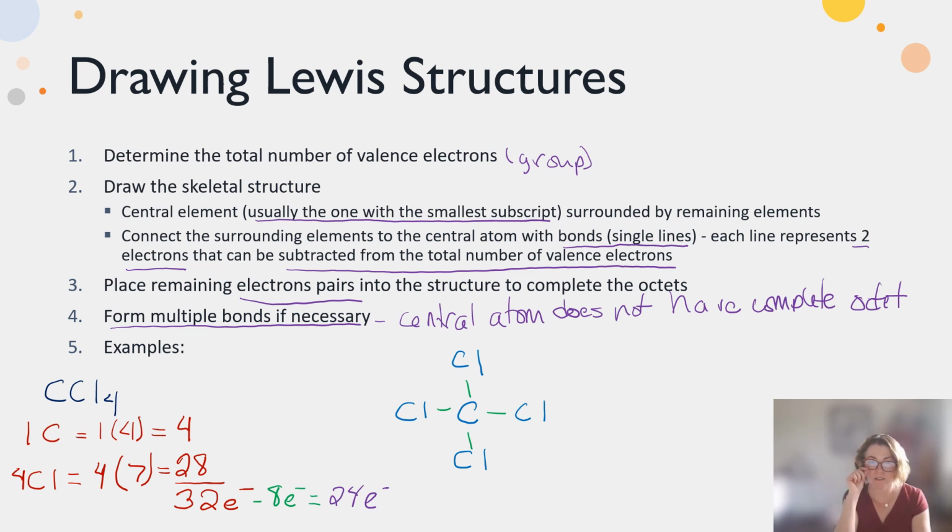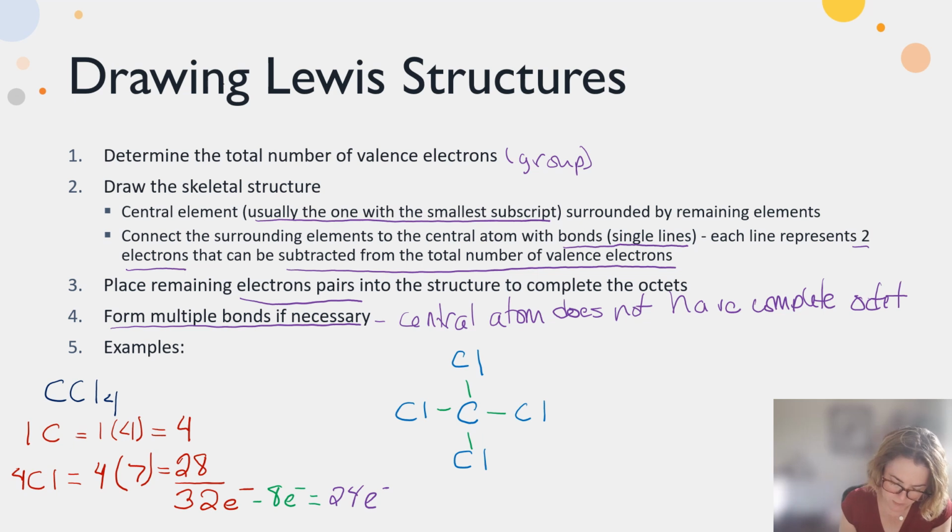And that takes us to step number 4. I'm going to put these electrons in as pairs. I'm going to put them in as dots, just like we did with Lewis symbols. And remember to keep your electrons paired up. They shouldn't have any electrons by themselves.